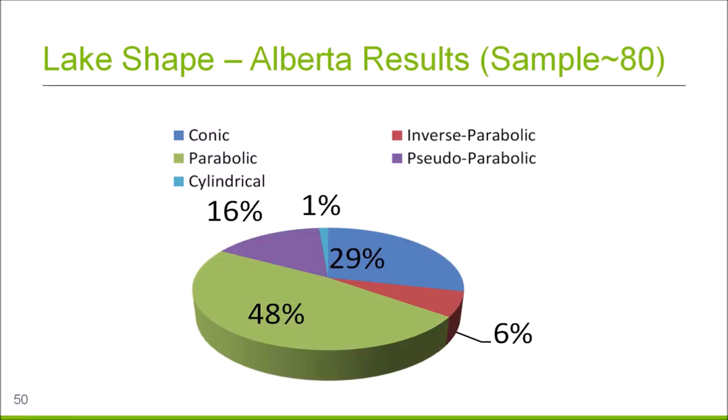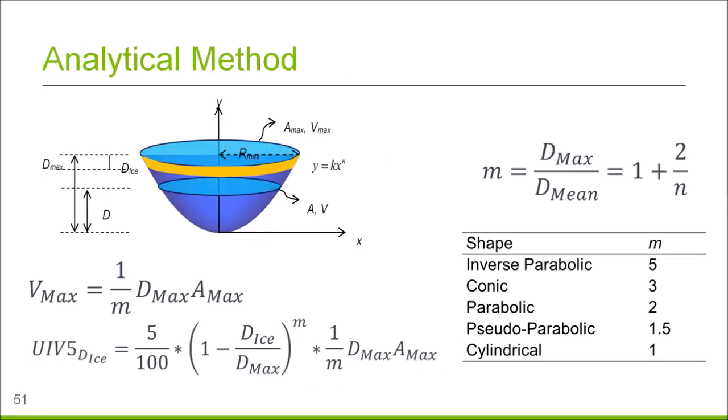Based on that analysis, we found that a majority of our lakes are either conic or parabolic. Again, this is based on about 80 lakes, so it's not representing all the lakes, but that's the data we had handy at the time. Also, some lakes are pseudo-parabolic, which is in between parabolic and cylindrical, and we also have some lakes which are inverse parabolic.